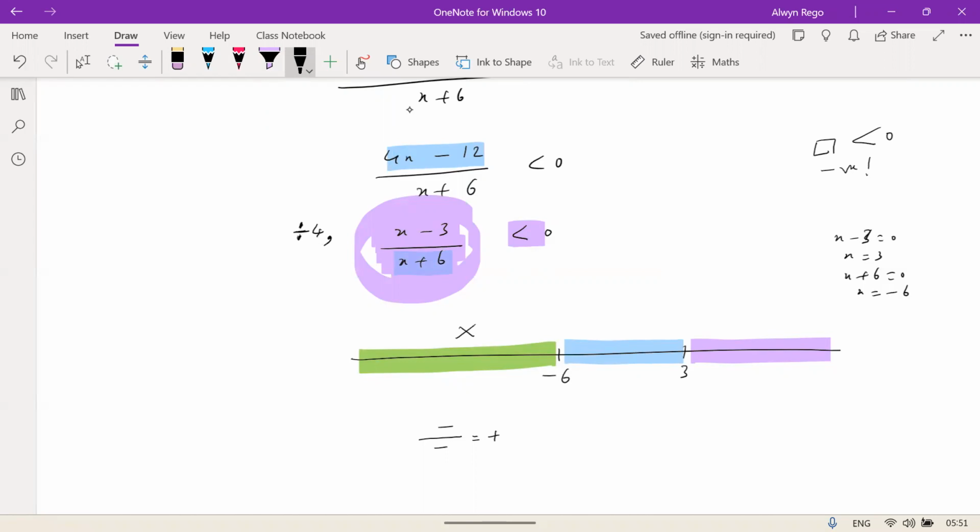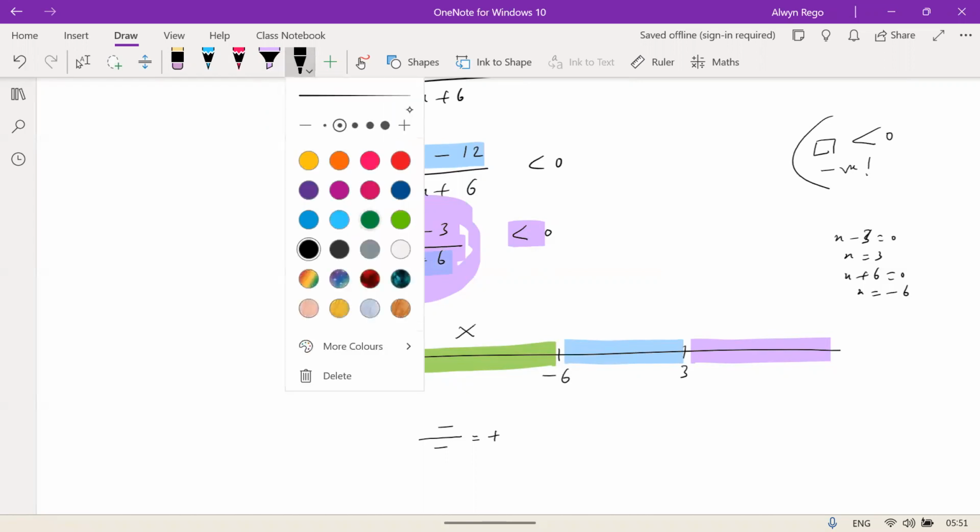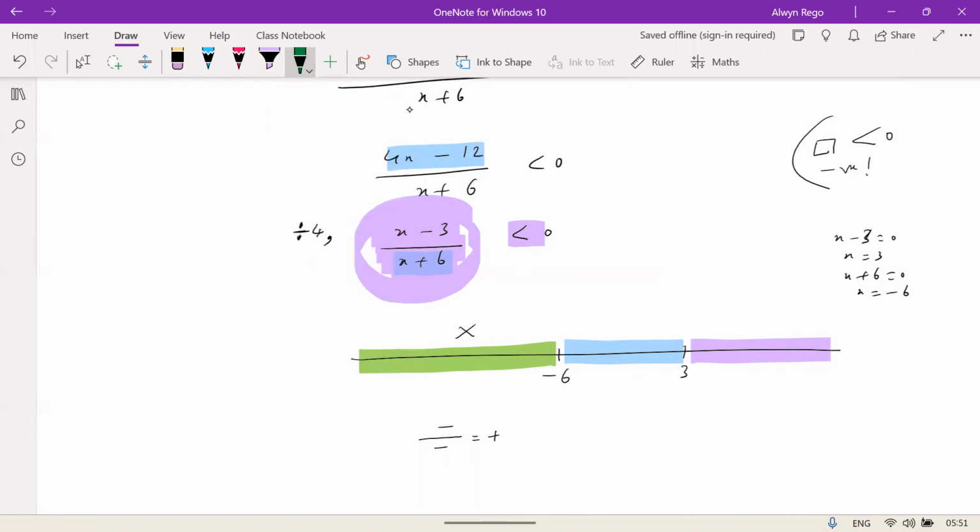If I take a value between minus 6 and 3, I can take 0. 0 minus 3 is negative, 0 plus 6 is positive, negative upon positive is negative. So this is what I want. And if I take a value more than 3, let's say 100, 100 minus 3 is positive, 100 plus 6 is positive, so you have a positive here. I'm not looking for these values.